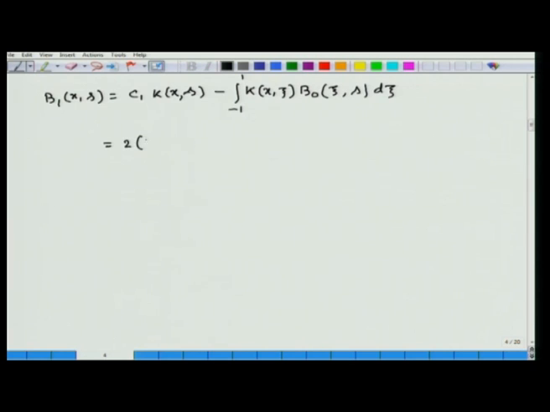So, 2 times (1 + x + s) minus the integral from -1 to +1 of (1 + x + ξ) multiplied with (1 + ξ + s) dξ, because k(x, ξ) is nothing but 1 + x + ξ, and B0(ξ, s) is actually k(ξ, s).